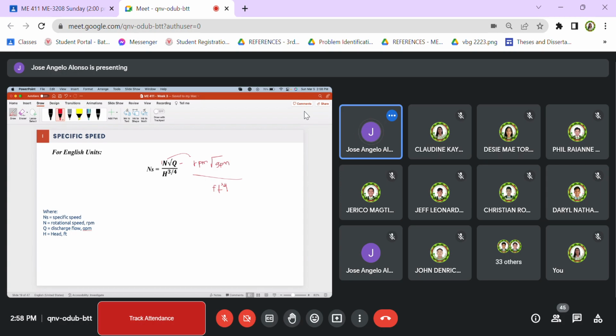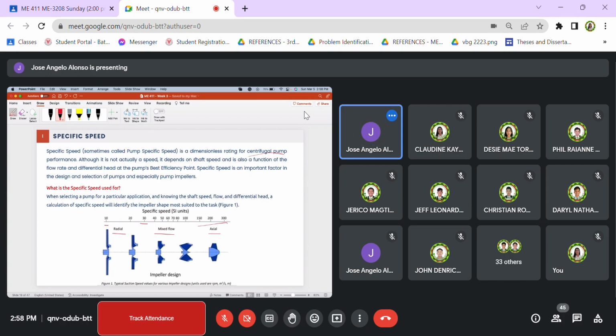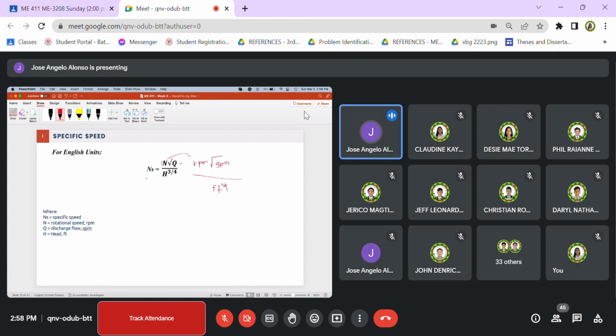While unlike for specific speed, nabanggit na dito na this is a dimensionless rating, meaning wala siyang unit sa specific speed.